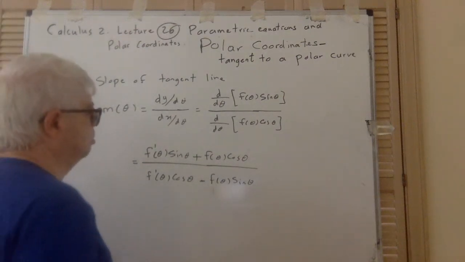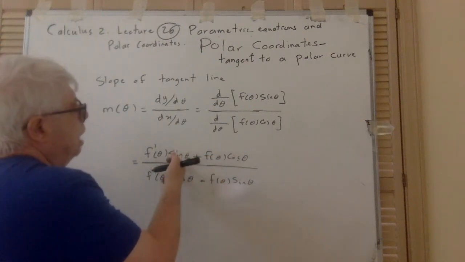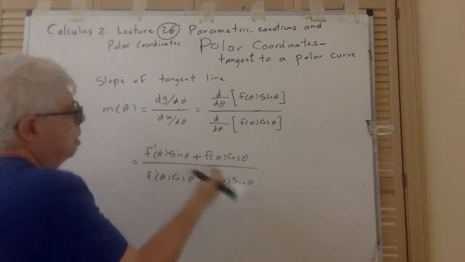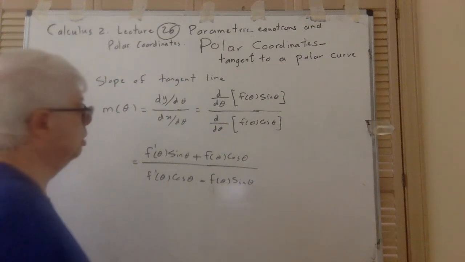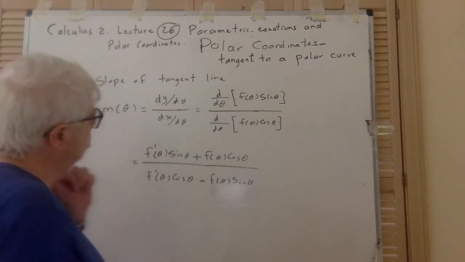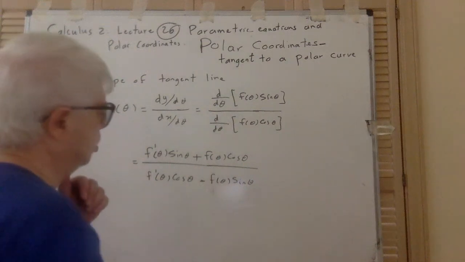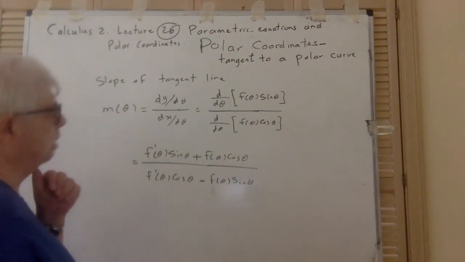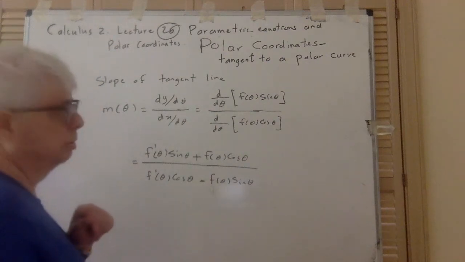Some people divide this by cosine theta and get tangents in the numerator and denominator, but this is okay. Why should we change it? Maybe the book has a nicer form, but it doesn't make any difference. So that is slope as a function of theta.